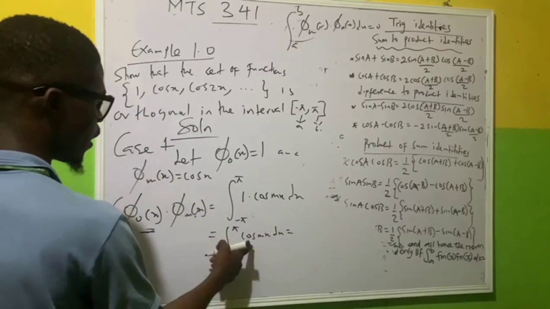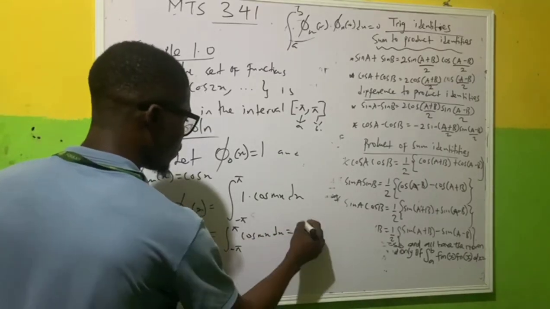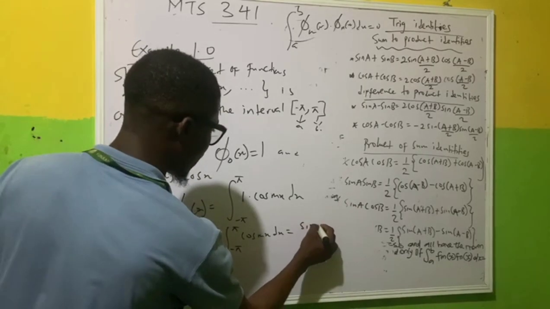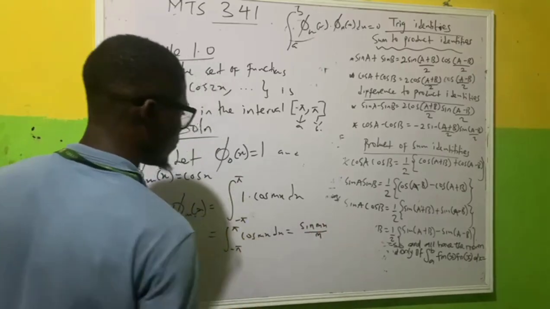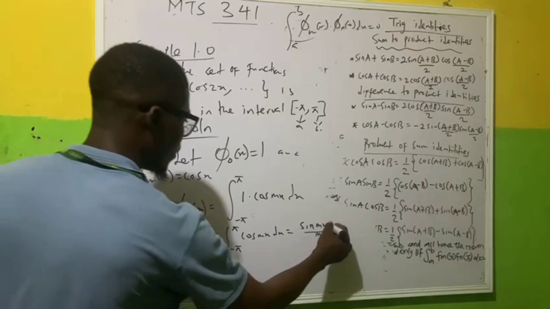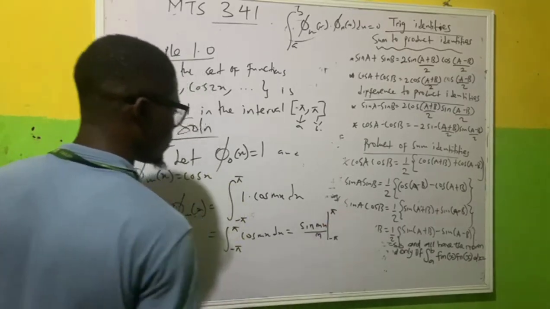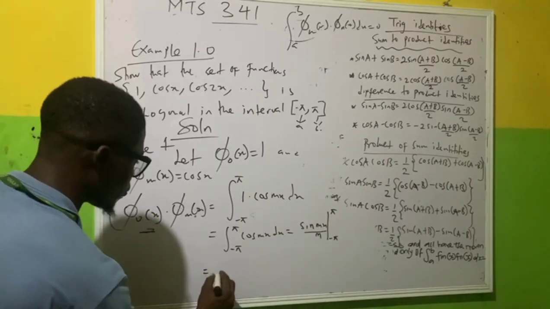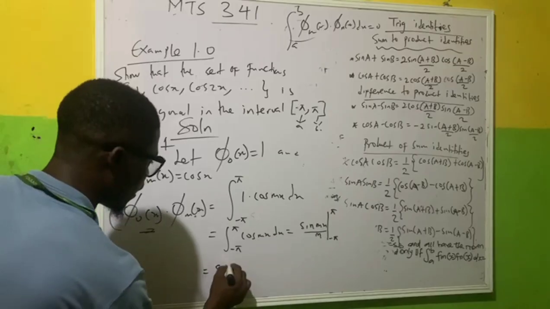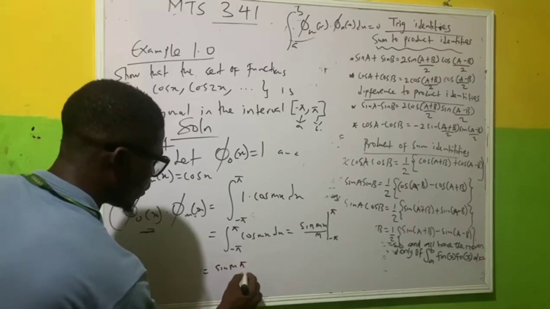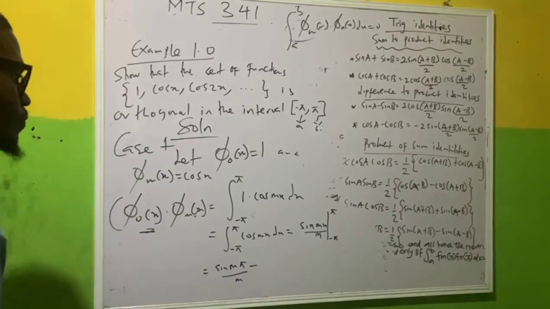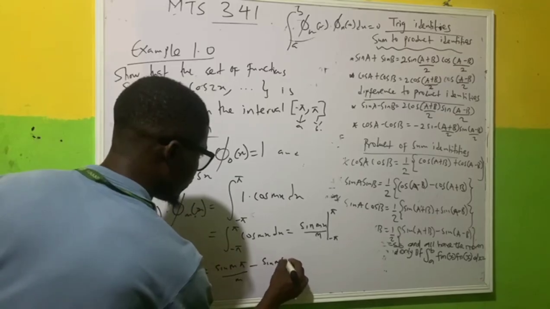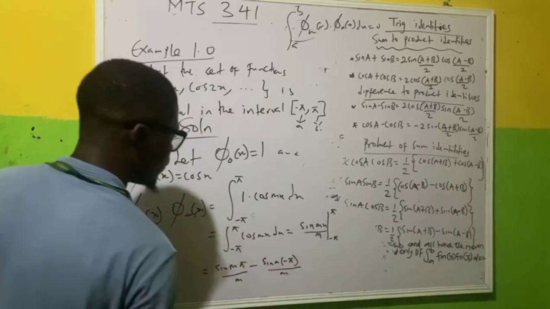When you integrate cos mx, you are going to have sine mx over m, from minus pi to pi. Now if you apply the normal way we solve integration, that will be sine of m pi over m minus sine of minus m pi over m.